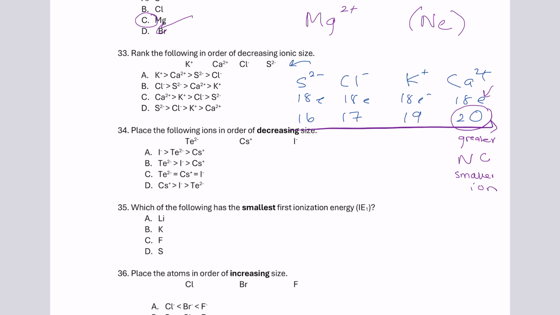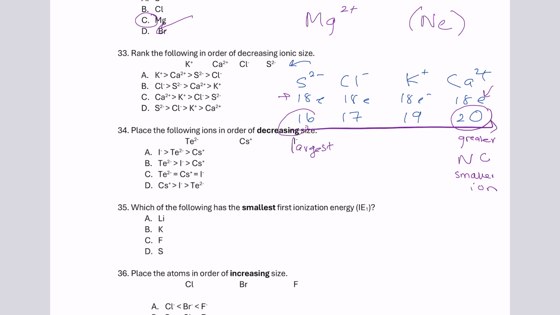In other words, sulfur, with its 18 electrons and 16 protons, is going to have the lowest nuclear charge among these isoelectronic species. And the reduced attraction between the nucleus and the 18 electrons allows the electron cloud to expand. So it's going to make sulfur, S2-, the largest ion in the set.